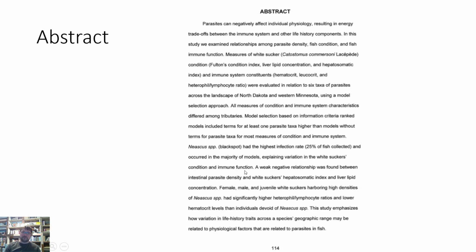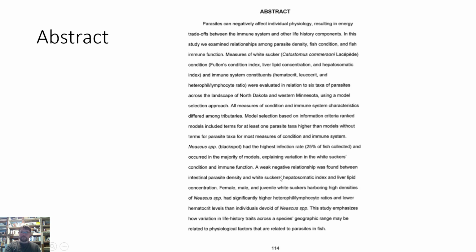That's basically saying, hey, look, if you have this one parasite and it's in 25% of all the fish collected, and it's explaining the variation that we see in the condition of the fish and the immune function of the fish. Okay? So that's important pieces. Now, you'll see that there's a lot more data and a lot more analysis as we progress through the study, okay? But I'm pulling out high points.